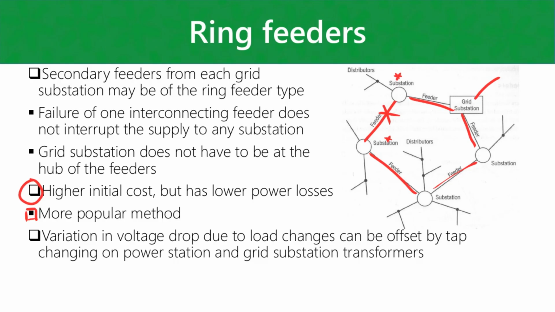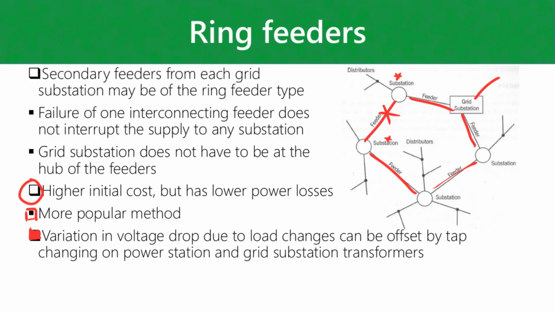For both ring feeder systems and radial feeder systems, we can account for the variation in voltage drop due to load changes by using a tap changing transformer, or tap changers, at our power station.